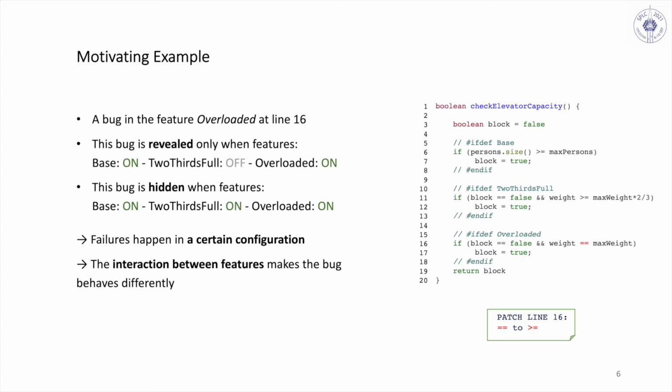The presence of a feature interaction makes certain statements behave differently from when the interaction is absent. For variability bugs like this case, to localize the buggy statement, we need to find the root cause of the failures in the failing products and identify the relevant features, as well as the interaction among them.